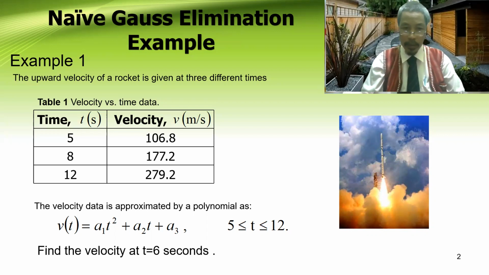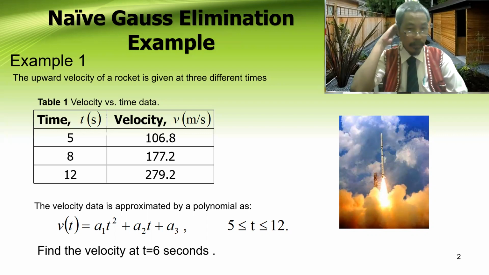The velocity data is approximated by a polynomial as v is equal to a1 t squared plus a2 t plus a3, wherein time is within the domain 5 to 12, including both 5 and 12. So find the velocity at time 6 seconds.